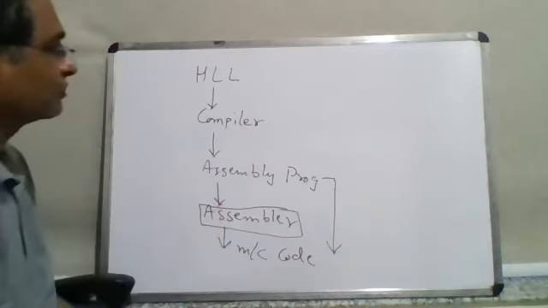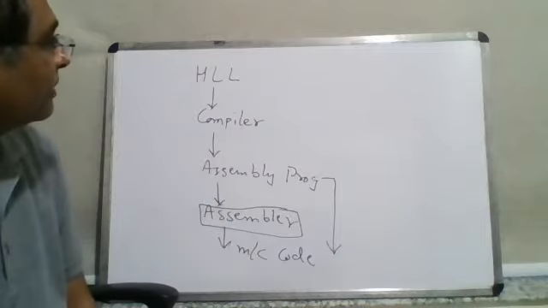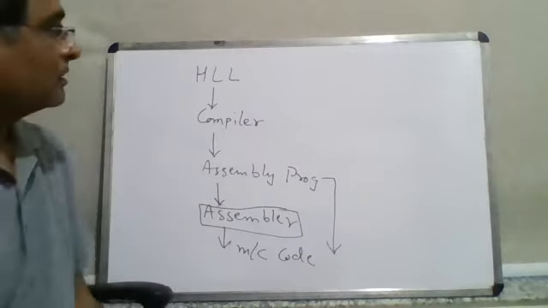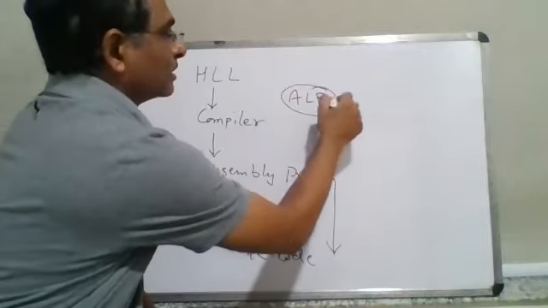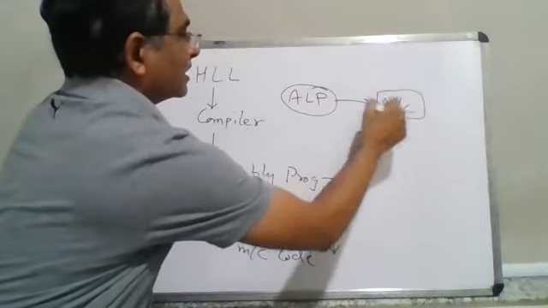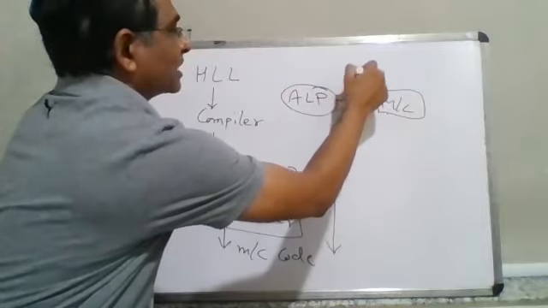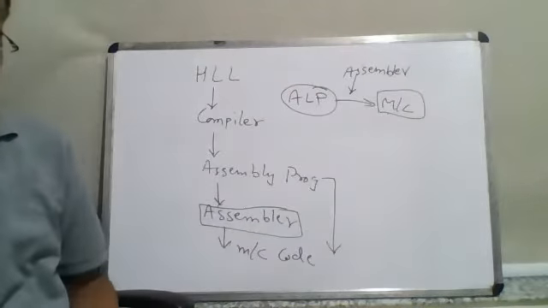So we need to see what would be coming up in this section, and we'll look into those parts in detail. My simple point is that the assembly language program is going to get converted to machine code with the help of the assembler.